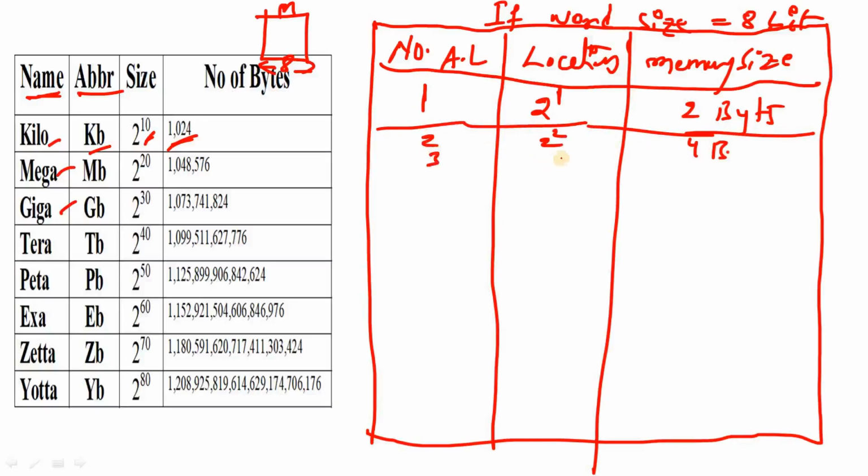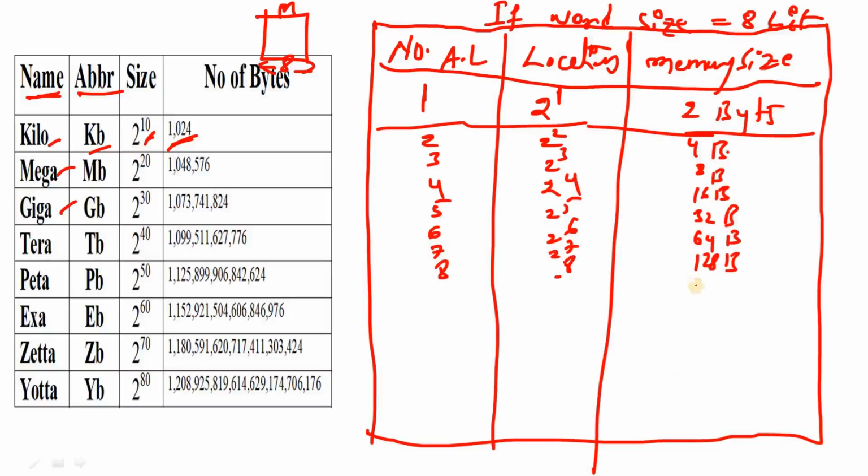Next, 3 address lines, 2 power 3, 8 bytes. 4, 2 power 4, 16 bytes. 5, 2 power 5, 32 bytes. 6, 2 power 6, 64 bytes. 7, 2 power 7, 128 bytes.